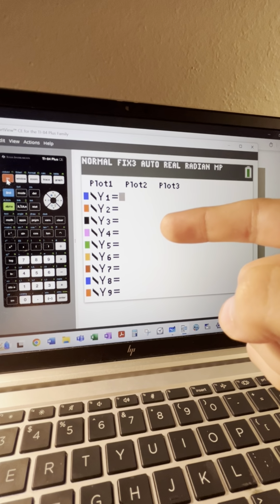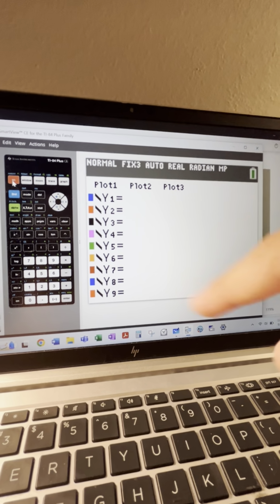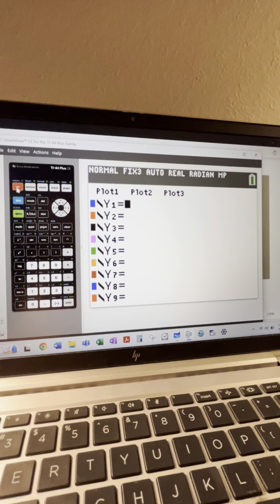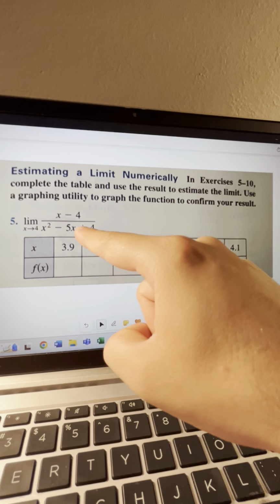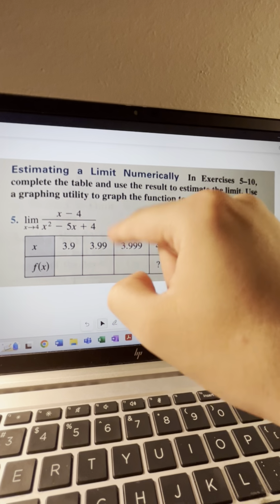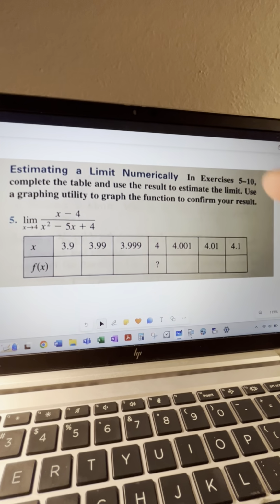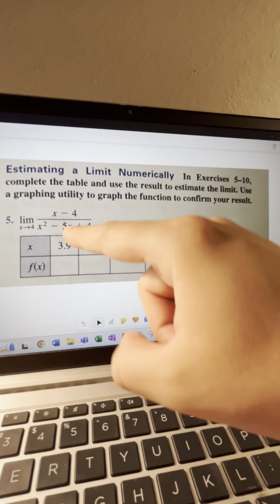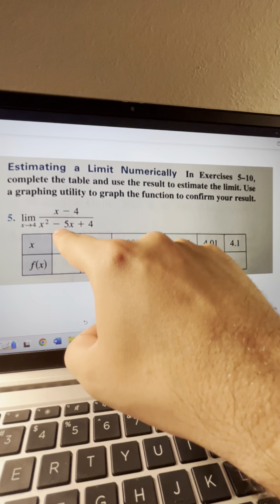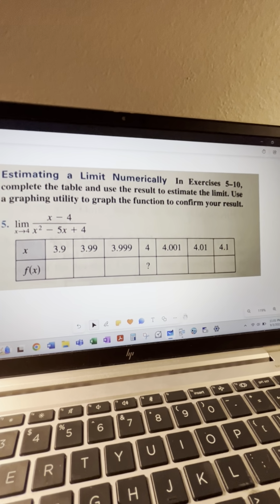Please make sure that you enter in the parentheses, because sometimes a calculator won't be able to read the function as you're looking at it. Sometimes it can get confused and it'll cause some issues along the way. So please make sure that you enter the top in parentheses and then the bottom in parentheses as well. So let's go ahead and do that.